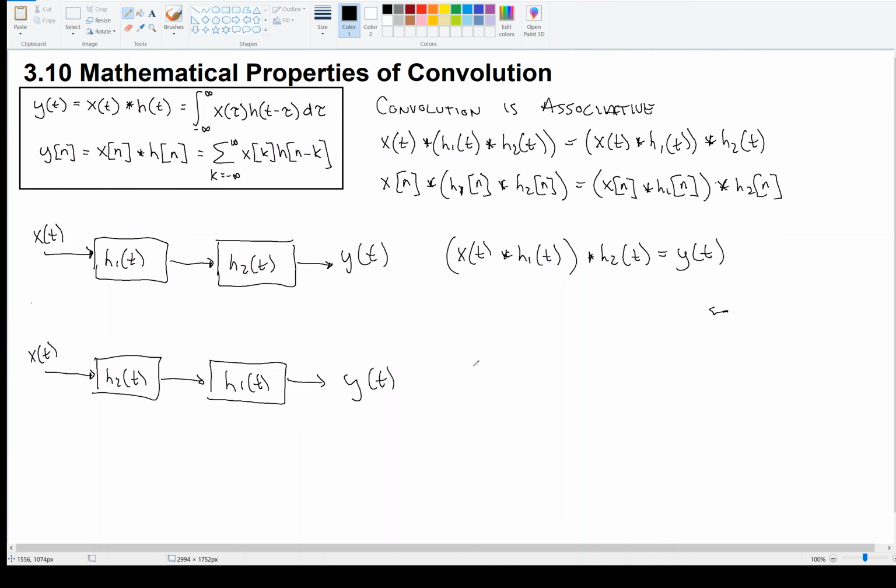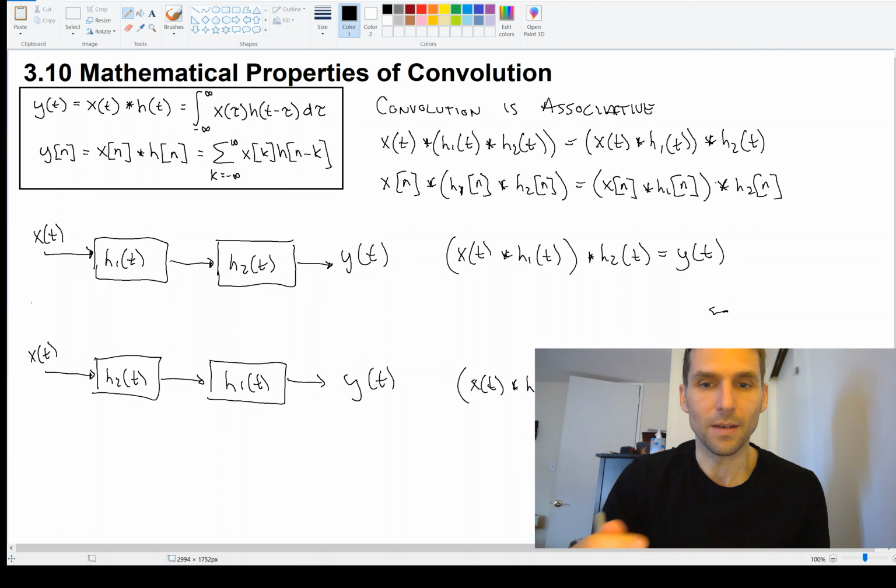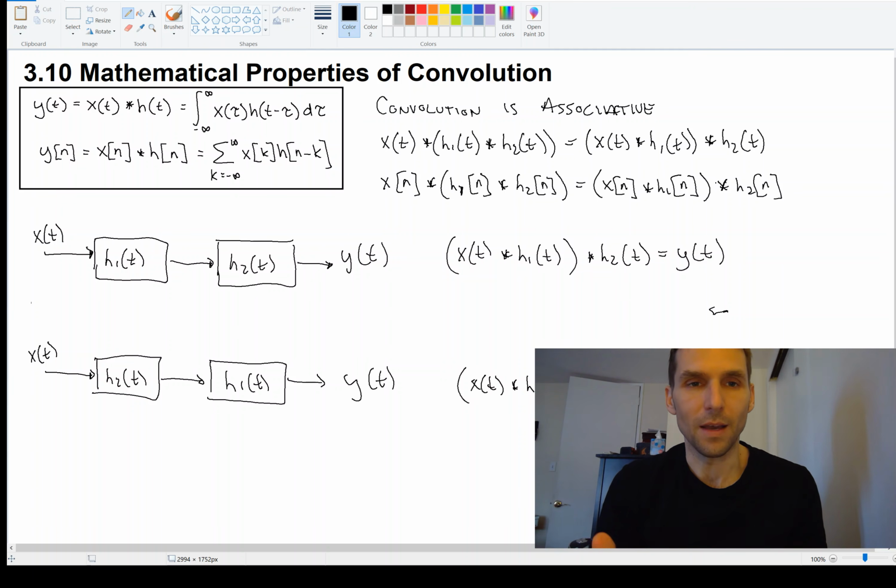And then in this picture down here, I have x convolved with h2, then convolved with h1, and that gives me y of t. Okay, so that's the associative property. So you can use these properties then to help you manipulate the convolution. Use the identity property if you have any impulses, use the distributive property if you need to, or the associative property, and use those to your advantage.